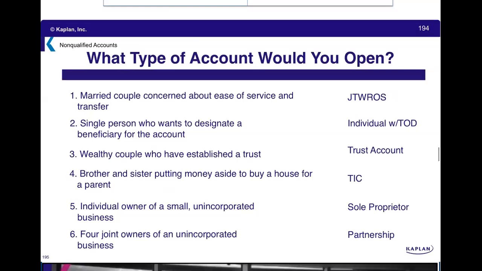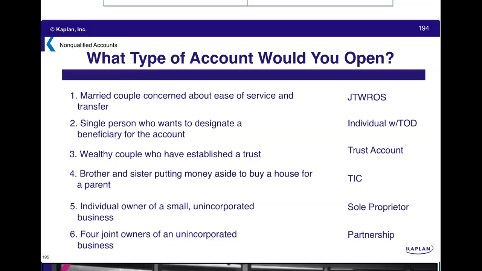So here we have just an example of what type of account you would open. A married couple that's concerned about ease of service and transfer, JTWROS. A single person who wants to designate a beneficiary, that would be an individual, a TOD account. Wealthy couples who have established a trust, that would be a trust account.